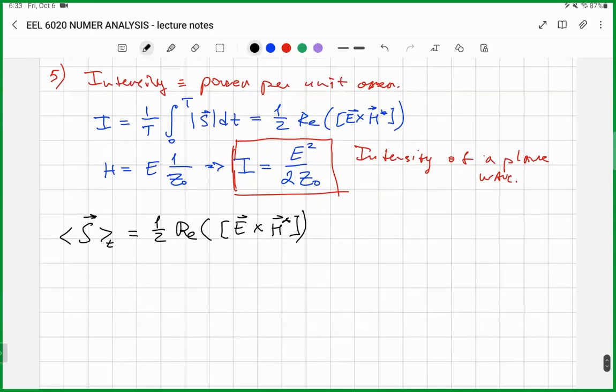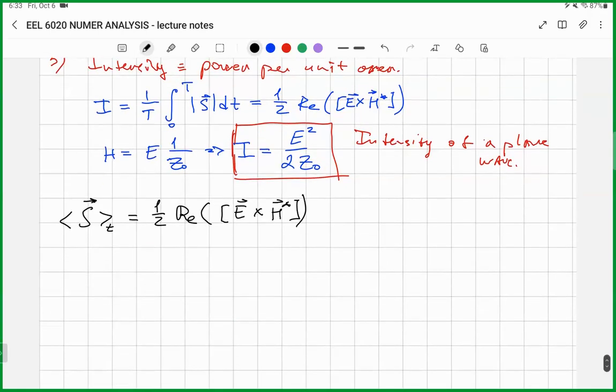Now I assume that the electric and magnetic field can have different phases. So for example, for electric field, I can write something like this: the amplitude of the field times e to the power of i omega t plus phi.